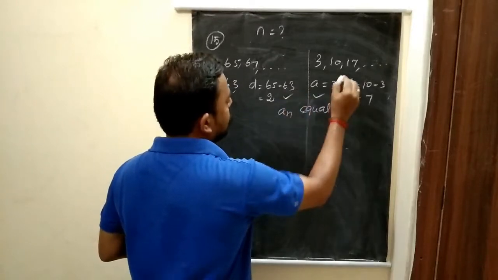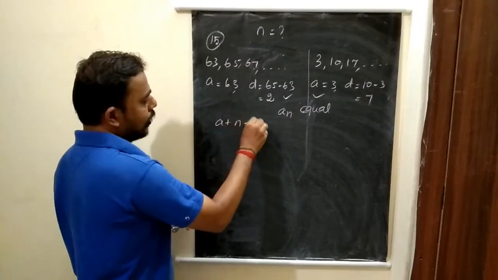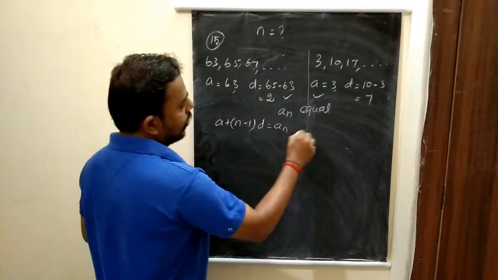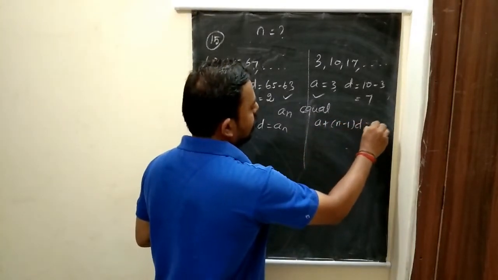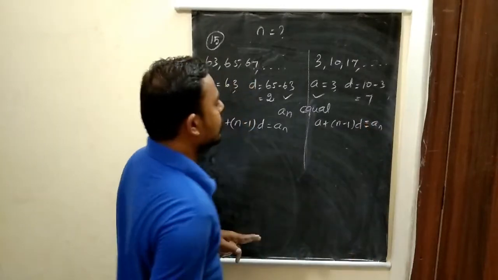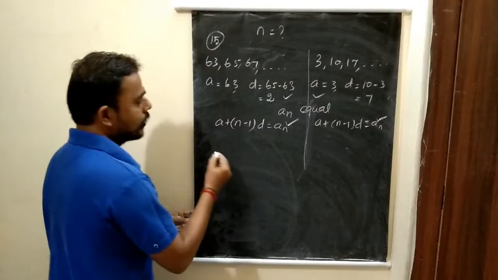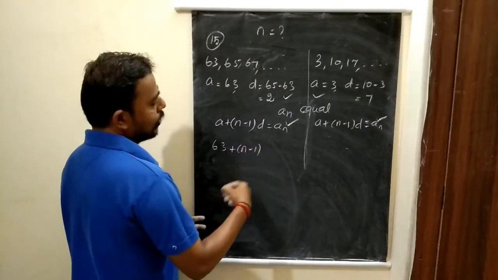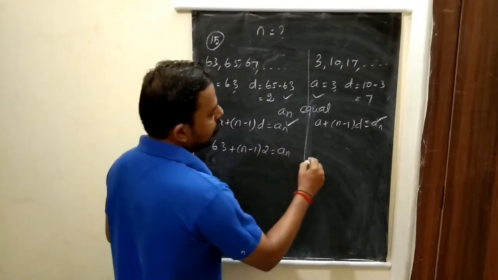So an is equal for both. Here a plus (n minus 1) into d equal to an. Here also a plus (n minus 1) into d equal to an. So the nth terms are equal. That is 63 plus (n minus 1) into 2 equal to an.